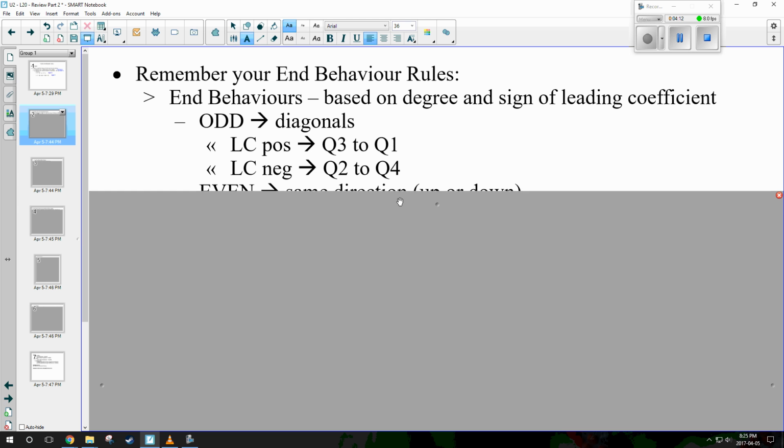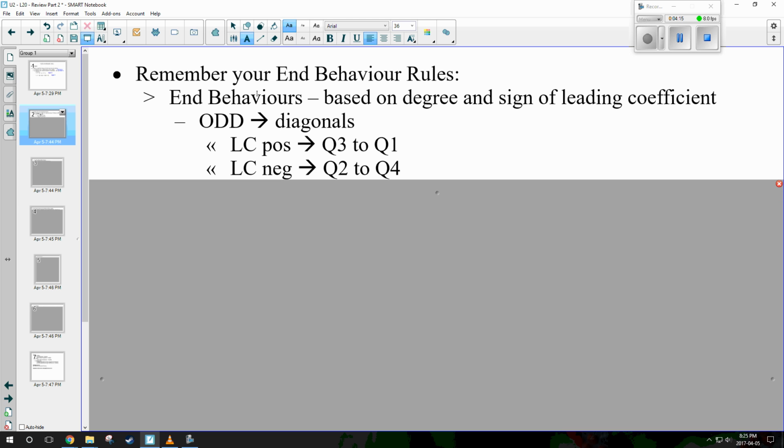So let's just quickly review those rules. If your degree value is odd, then remember our end behavior ends up with diagonals. So we have quadrant 3 to quadrant 1 when the leading coefficient is positive, but then the opposite, quadrant 2 and quadrant 4, when our leading coefficient is negative.